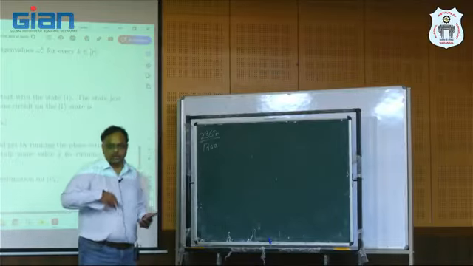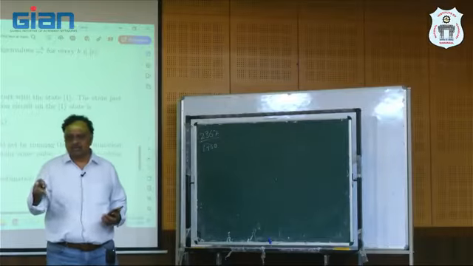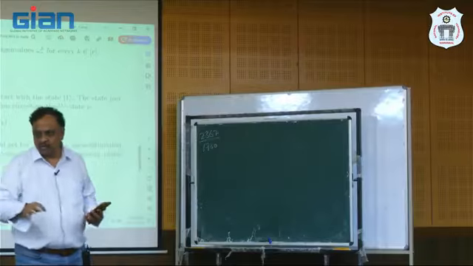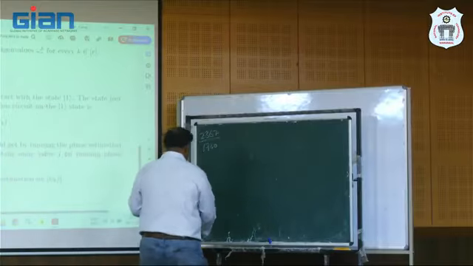By the way, let me also mention Euclid's algorithm for finding GCD. How does Euclid's algorithm work? Let me mention that first, okay?